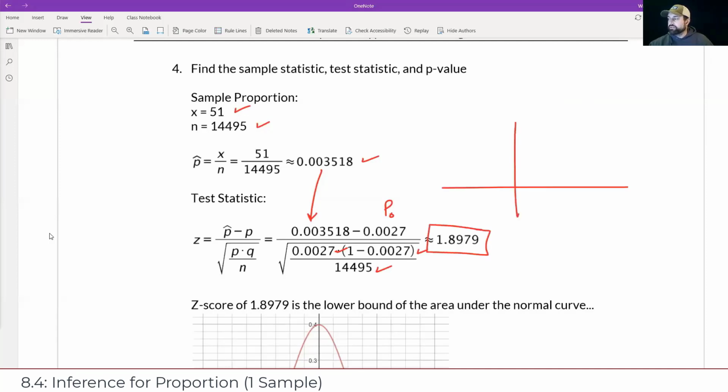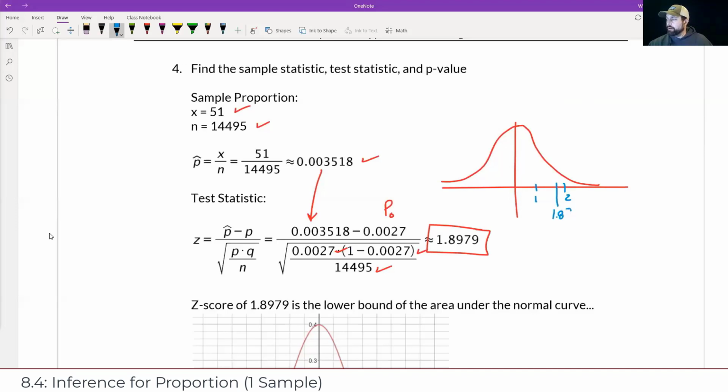So what that means is that if you were to take the entire population and graph it on a normal distribution, this z-test statistic would be right here. It'd be 1.8979 standard deviations away from the original proportion, the population proportion.